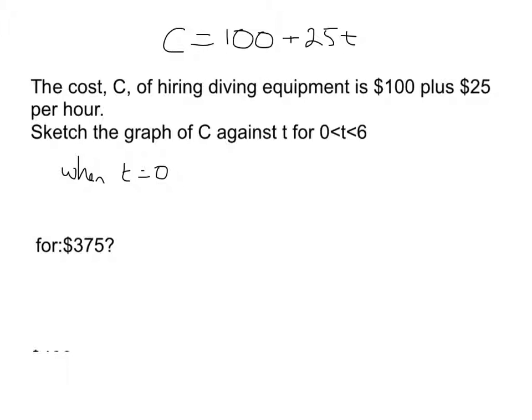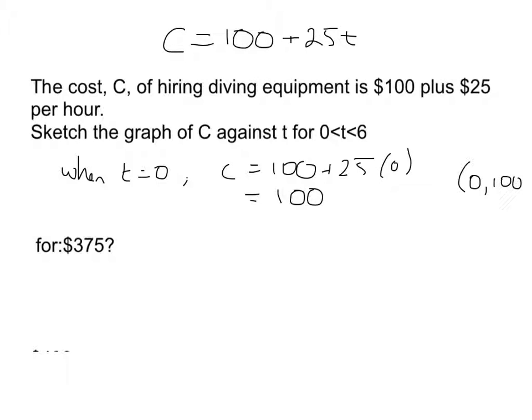So that's still relevant. When T is equal to 0, then C is equal to 100 plus 25 by 0, which is just equal to 100. So that tells us starting coordinates of 0 and 100. And then go to the other end.